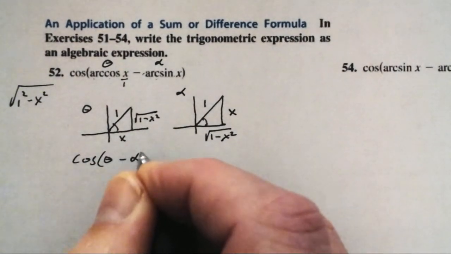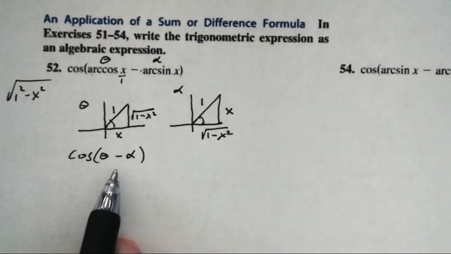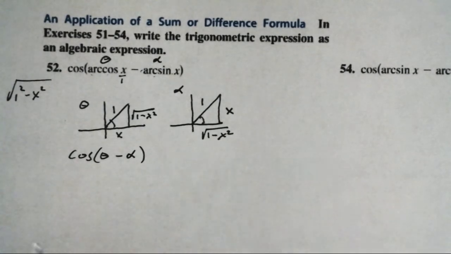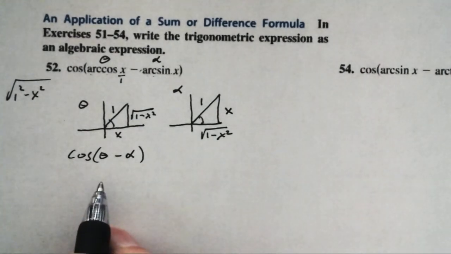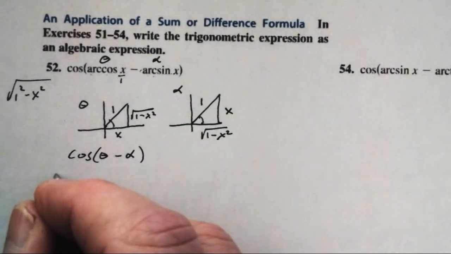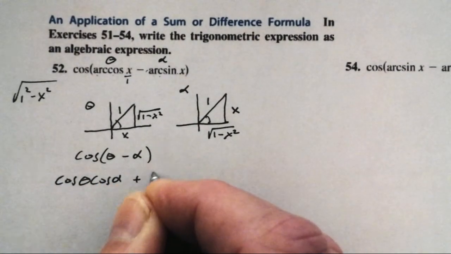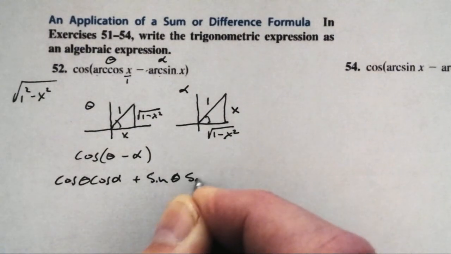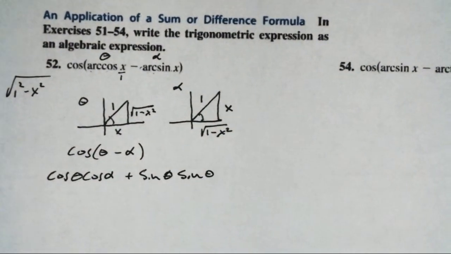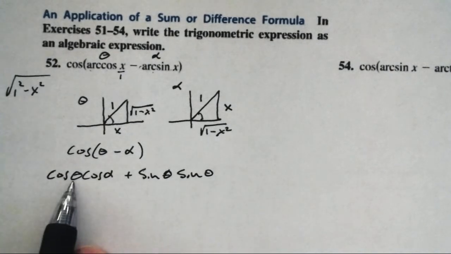So theta minus phi, cosine of a difference. What is it? It's cosine cosine plus sine sine. So I need cosine theta, cosine phi plus sine theta, sine phi. Okay, we're going to take our time on this.